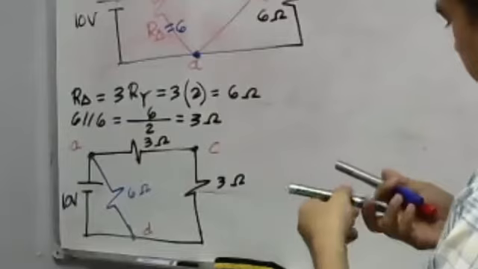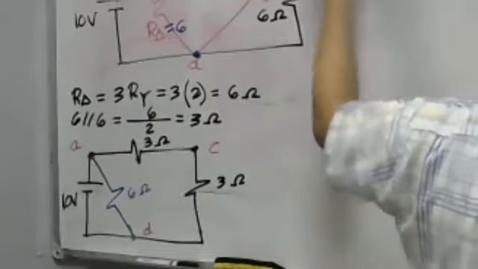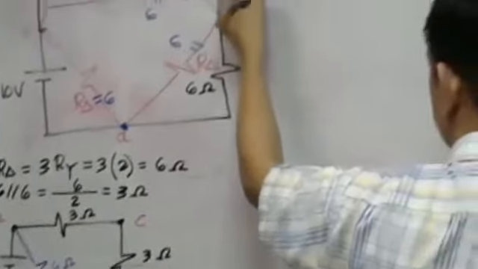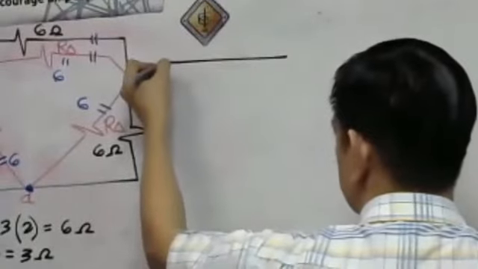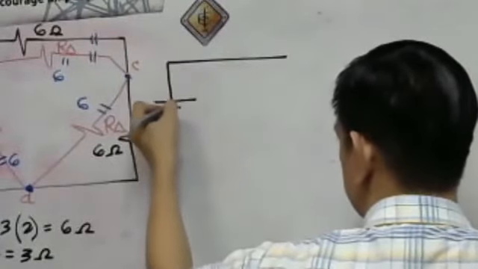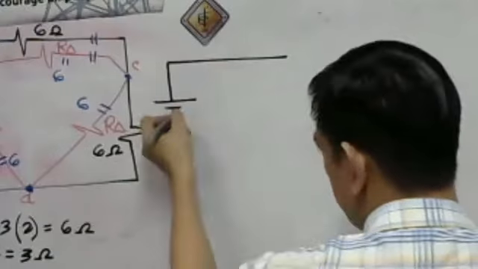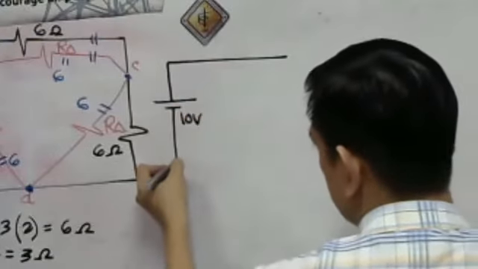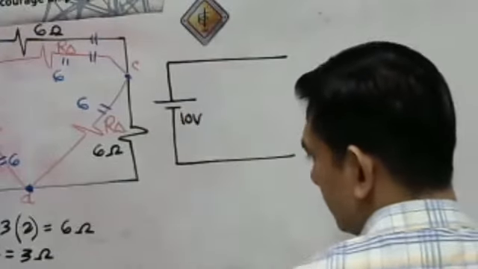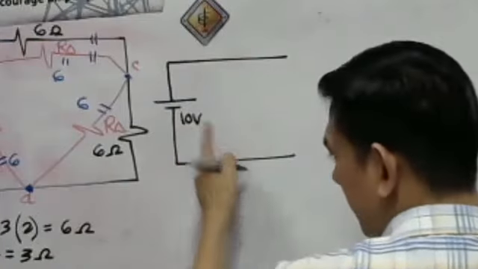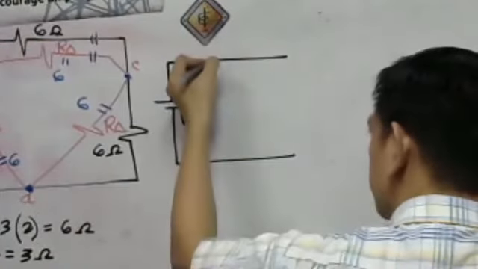So this is the equivalent circuit. Remember, this is our 10 volts. The 10 volts is in parallel with the 6 ohm resistor.